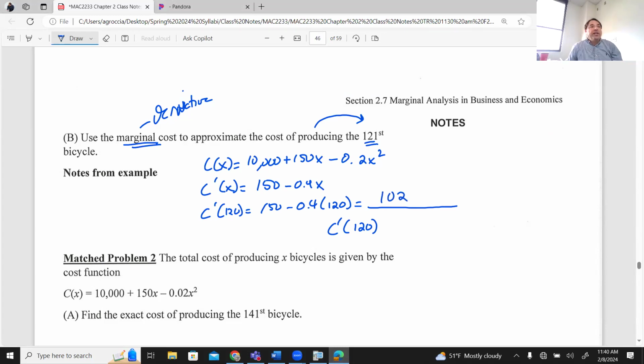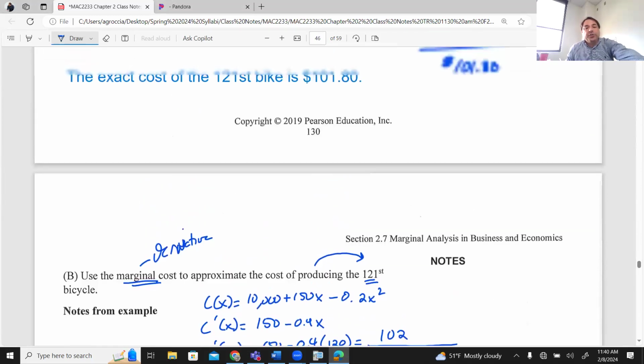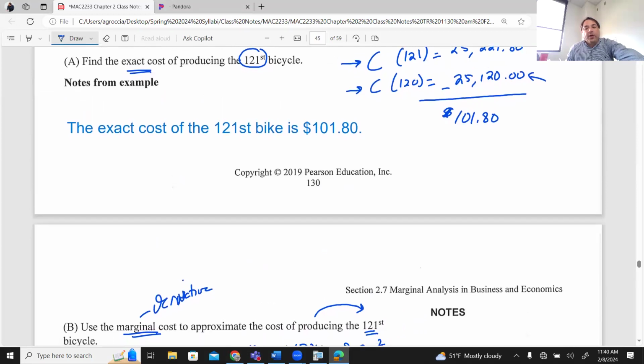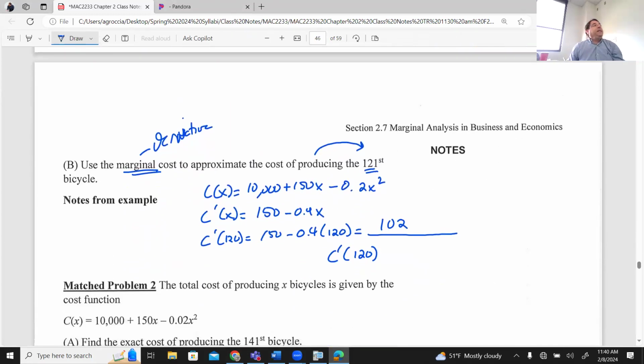Now, notice they're very close to each other. 102 and 101.80. Very close to each other because they mean basically the same thing. Now, there are two ways to write this.